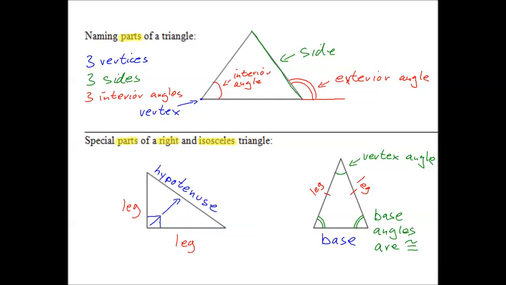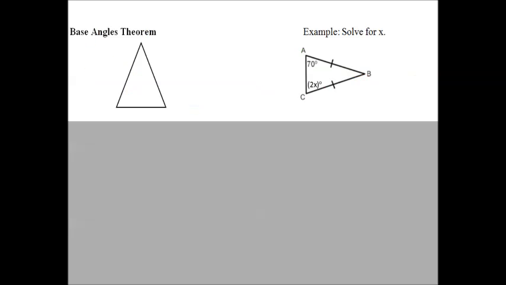Discussing the parts of an isosceles triangle leads us to the first theorem that we will talk about in today's lesson, the base angles theorem. The base angles theorem basically says if 2 sides of a triangle are congruent, let me show this by these 2 congruency marks, then 2 angles also have to be congruent.